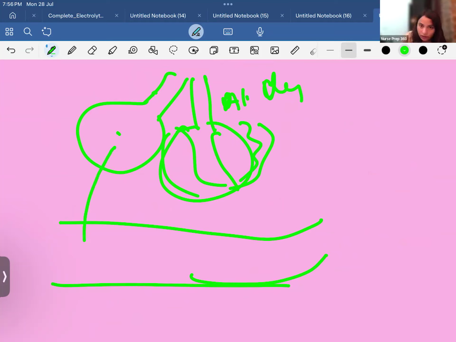Okay, does anyone know about the hemoglobin association dissociation curve? Has anyone heard of this? Yes or no? Just say no. If you know, then say yes.